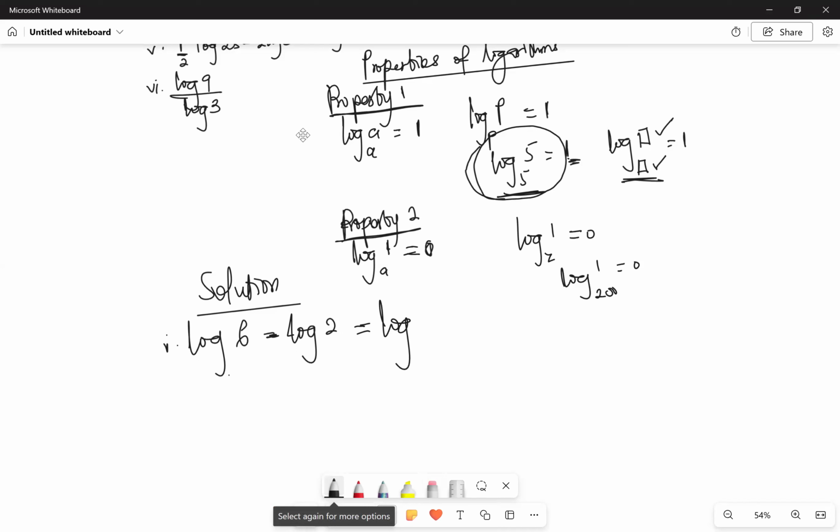I will not write that. Then if they are subtracting, divide the numbers involved. So you have 6 divided by 2. Now, in the end, you have the log of 3. And that is it. That's the final answer.